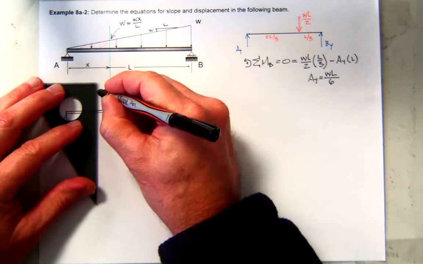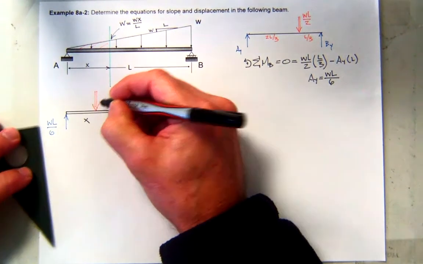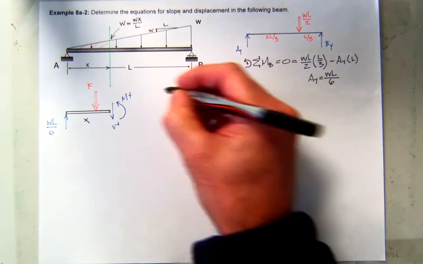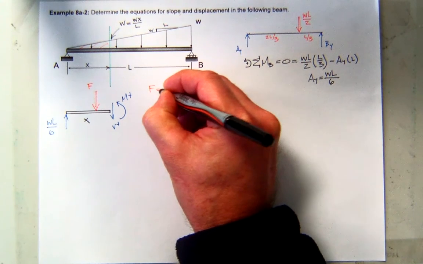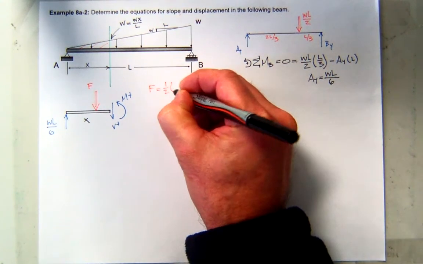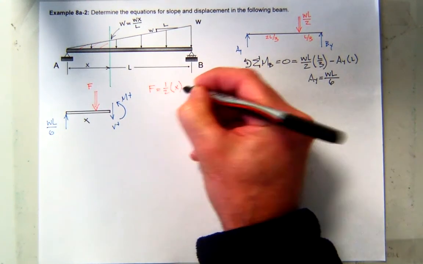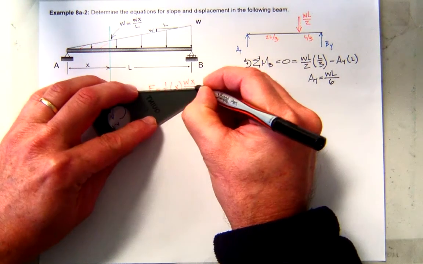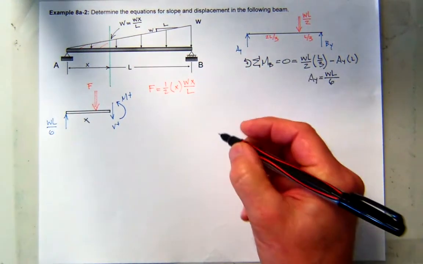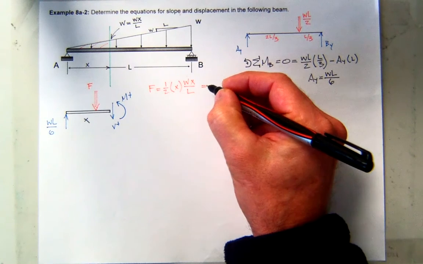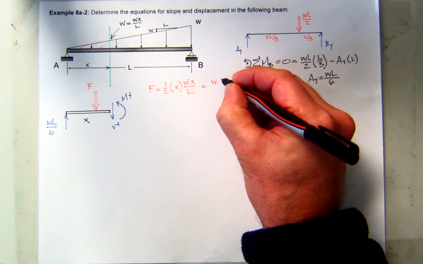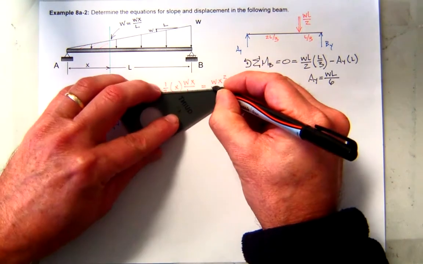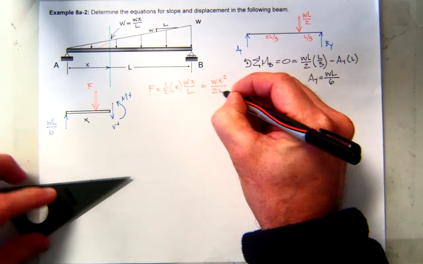So now the force, I'll write this off this side here. So the force will be 1/2 the base, which is x, times the height, which is WX over L. And you run that through, you get WX squared over 2L.